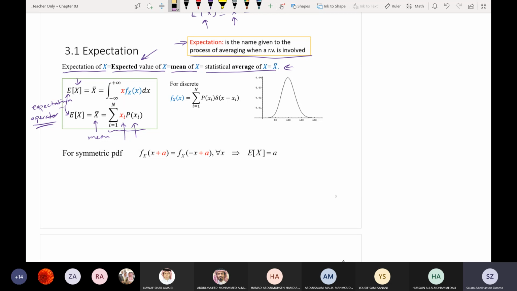So it will be the integral from minus infinity to infinity of x multiplied by the PDF. Very similar to what we did before. So in continuous random variables, we replace summation by integral. It is the same thing, we are averaging over the random variable.